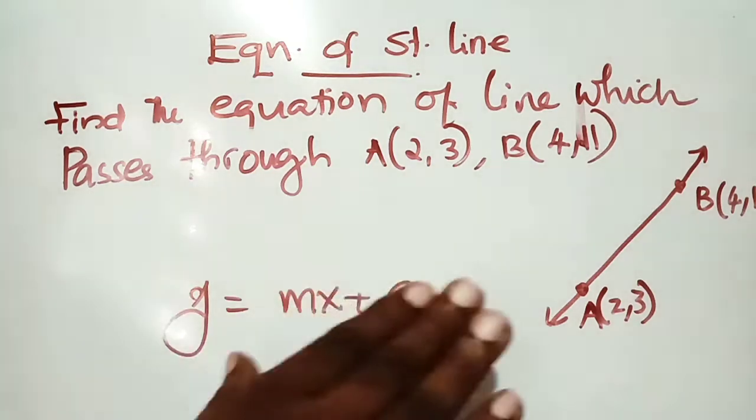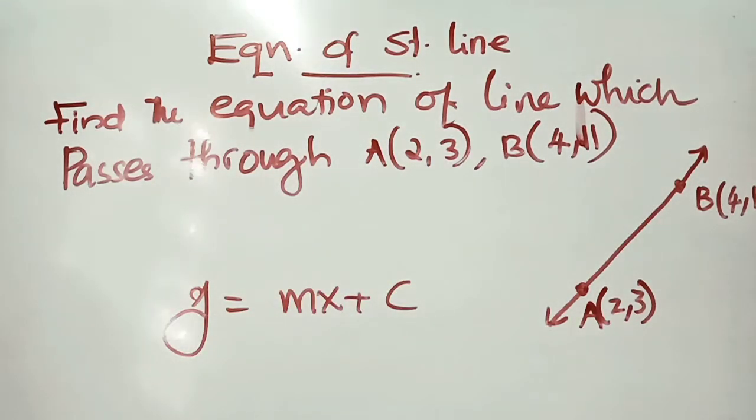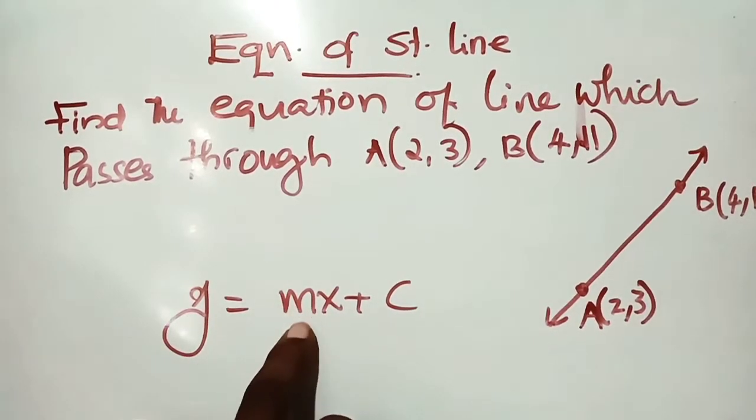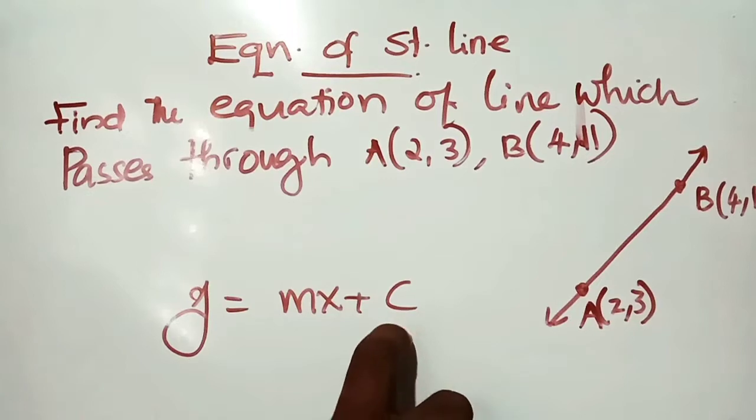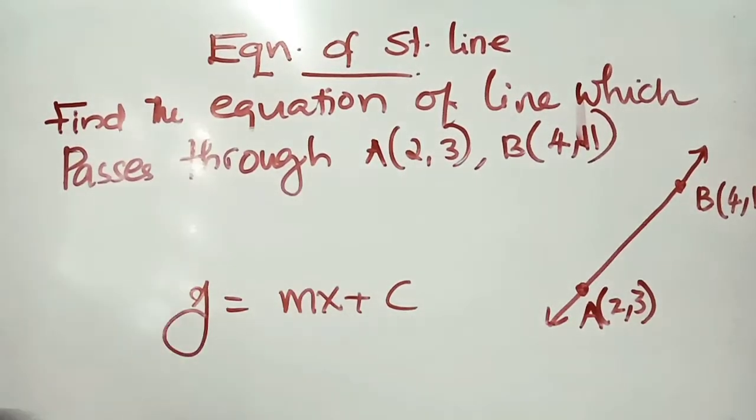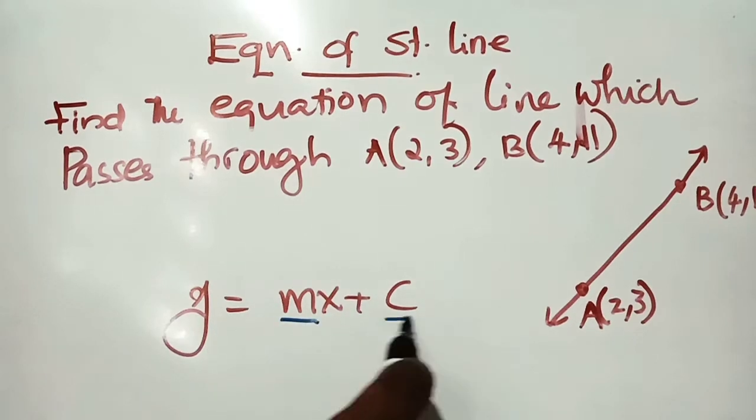Do you find anything? No. So the task of our question is to find the values of m and c. So we have to calculate the value of m and c. Let's see how to do that.